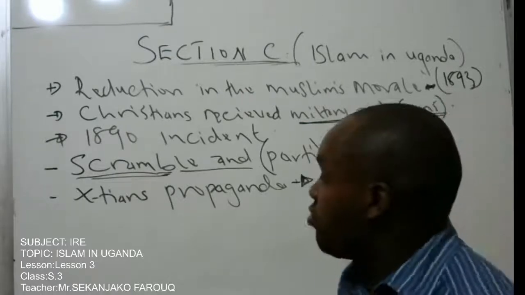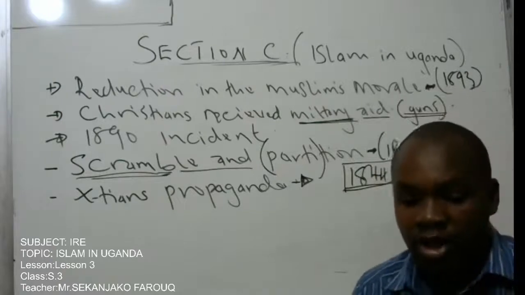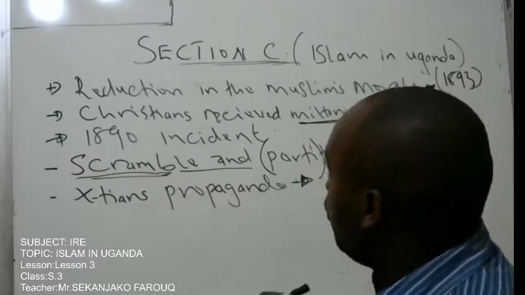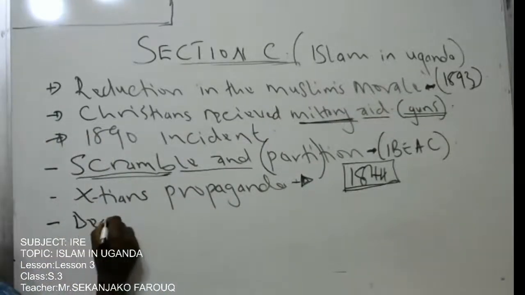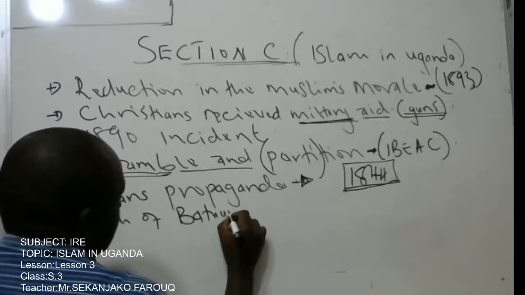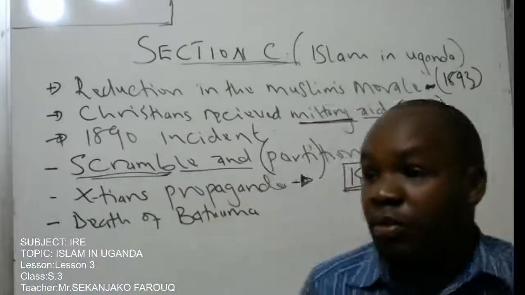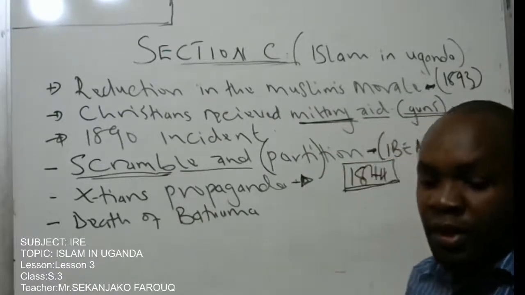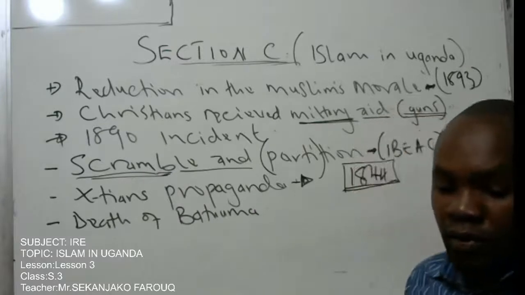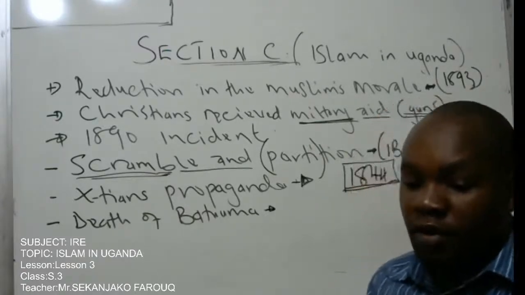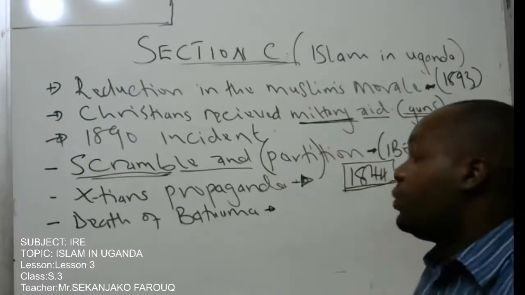Then another reason why the Muslims were defeated in the political religious war was the deaths of prominent Muslims, people like Batuma. This one was a morale booster of the Muslims, the Muslim mobilizer at the battle, and when he died, it left the Muslims with a gap of no mobilization, and therefore Muslims started losing the energy of fighting.